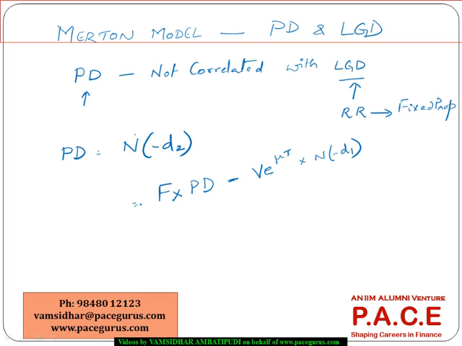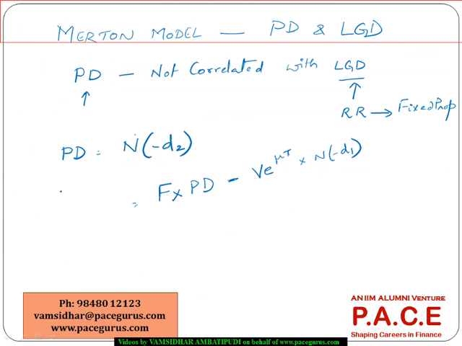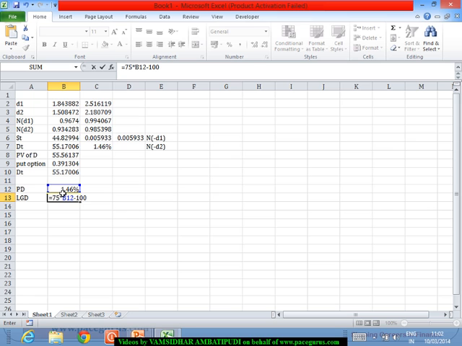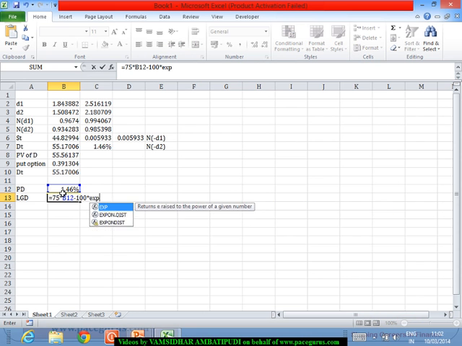Going with the same here, for the loss given default, the face value of the debt, which is 75, I multiply with the probability of default, and I subtract the value of the firm multiplied by e power mu t, which is 10% into 5 years, multiplied by N of minus d1.